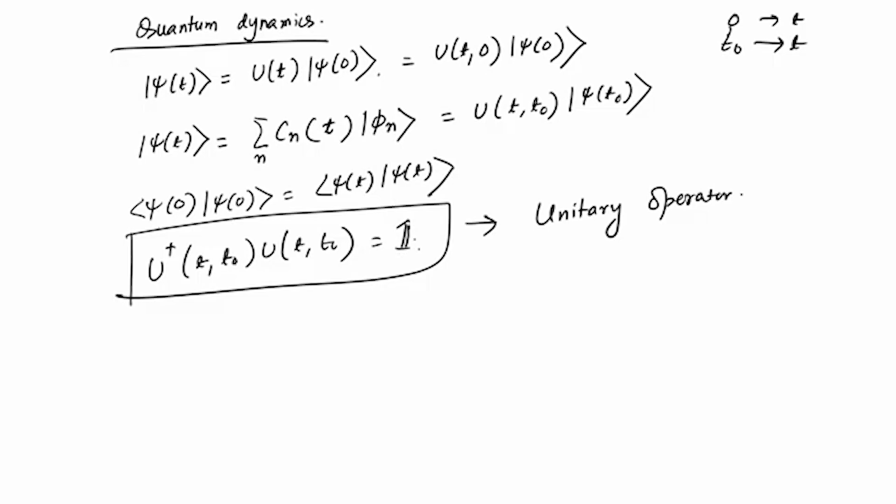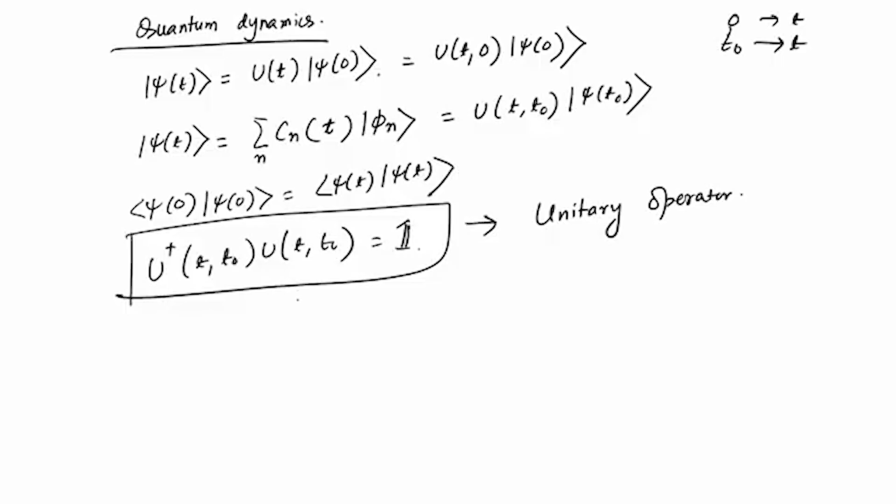And why did I write it as a 1 with a bold sign, or with a double strand? The reason is that this is not just 1, but an identity matrix, which has all the diagonal elements equal to 1 and all the off-diagonal elements equal to 0. And the dagger, as already told, means that you take a transpose and you take a complex conjugate. So, U dagger U equal to 1 is an important property.